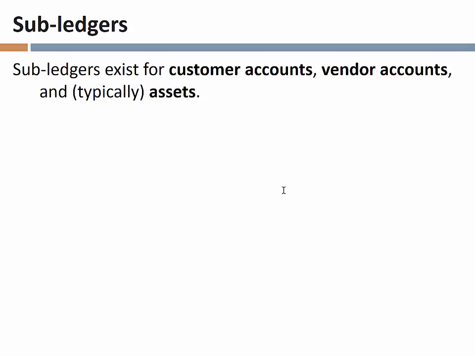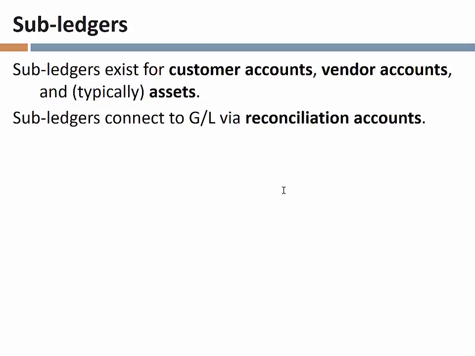We'll flesh that out a little bit more, but subledgers exist for certain things like customer accounts, vendor accounts, and asset accounts. Subledgers, and this is of critical importance, connect back to the general ledger by way of reconciliation accounts.